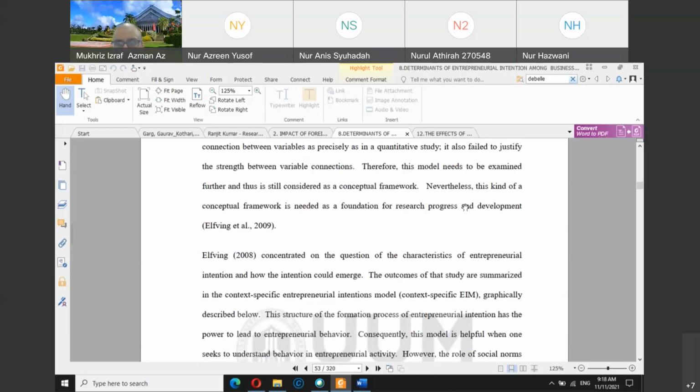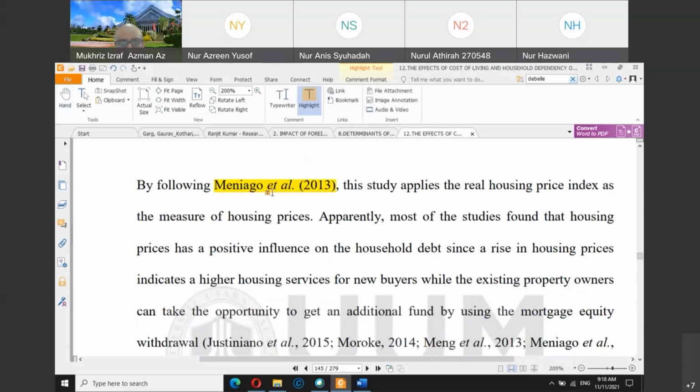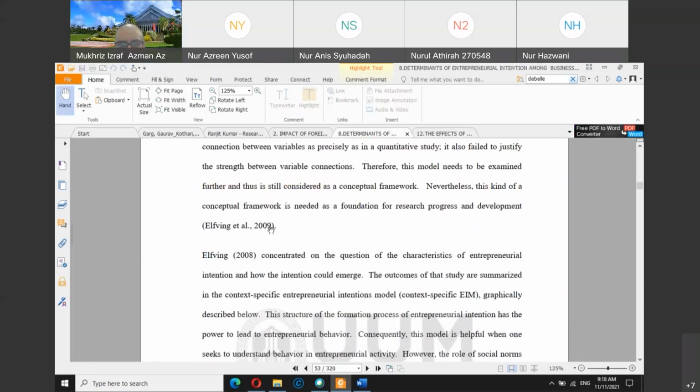So the sentence has finished, but in this sentence you are referring to Elving et al. 2009. So again, et al., dot, comma, the year. Compare to if you write in text, it should be et al., dot, bracket, the year, then comma. But this is again et al, meaning more than two authors.